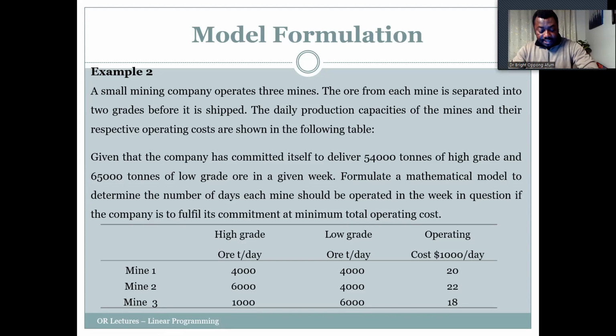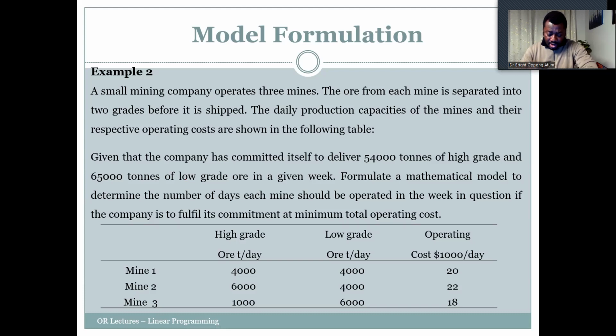A mining company operates 3 mines. The ore from each mine is separated into 2 grades before it is shipped. Now, the daily production capacities of the mines and their respective operating costs are shown in the table below.